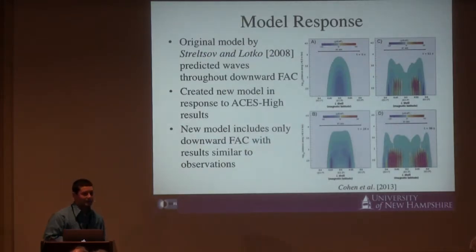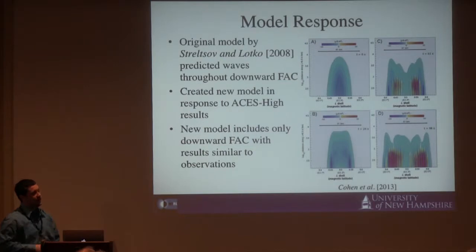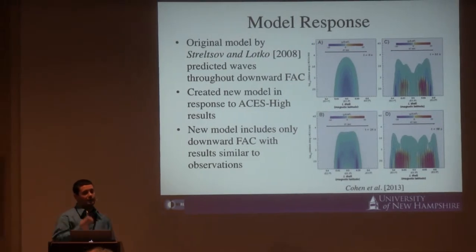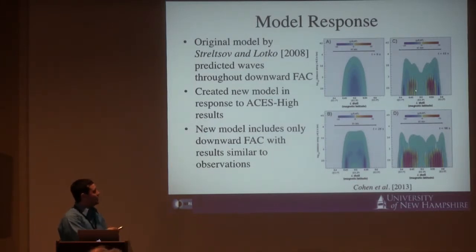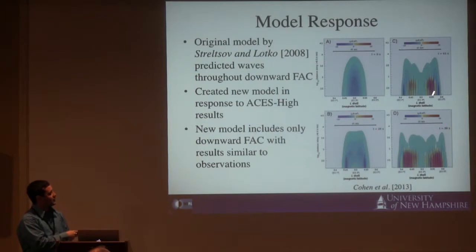So we went back to Anatoly Streltsov, who was one of the collaborators on this, and presented him with the data and said, doesn't quite match what your model predicted. And he decided that he would go back and do another model where he decoupled the upward and downward current regions. So instead of launching both simultaneously, his new model just launches a downward current region. And you see within about a minute and a half, we get the generation of those small-scale electromagnetic oscillations just on the boundaries.